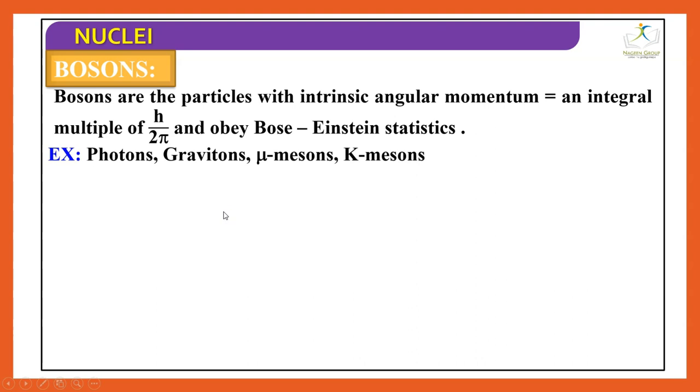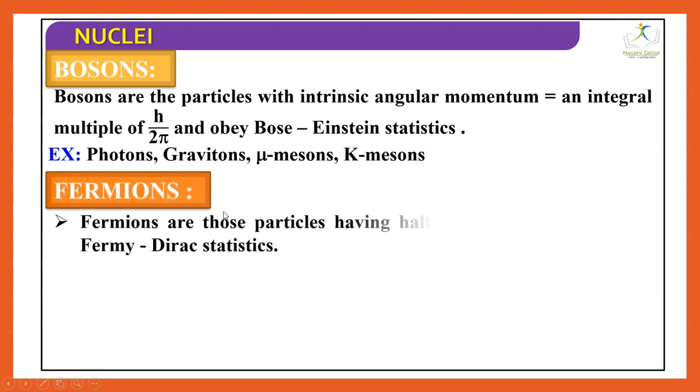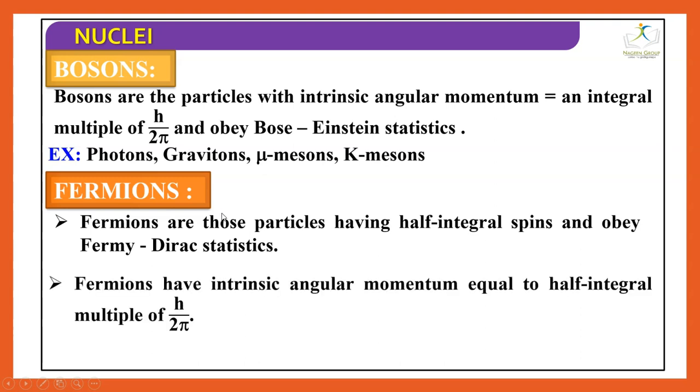For example, photons, gravitons, mu mesons. Fermions are particles having half-integral spin and obey Fermi-Dirac statistics. Their intrinsic angular momentum is a half-integral multiple of h by 2 pi.